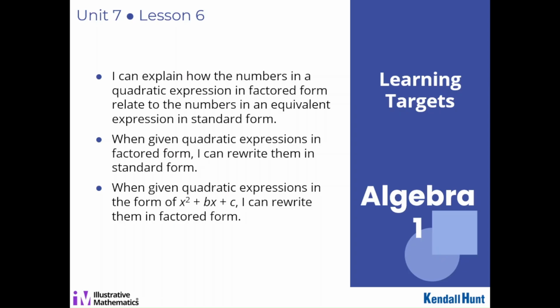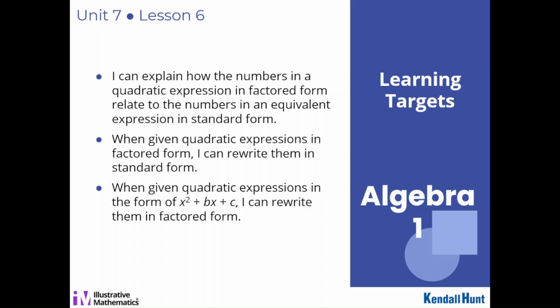So basically understanding that if I'm looking at factored form, my x terms are going to multiply together to give me my ax squared term in standard form.